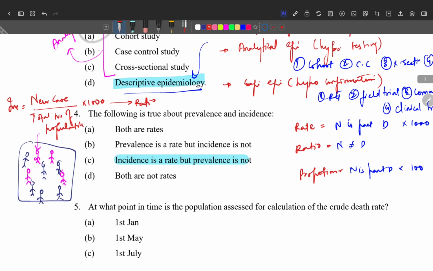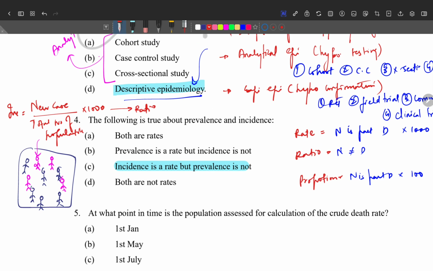A simple example of this is incidence. When it comes to prevalence, the formula is: numerator is a part of the denominator and is a multiplier of 100. That is what prevalence is.